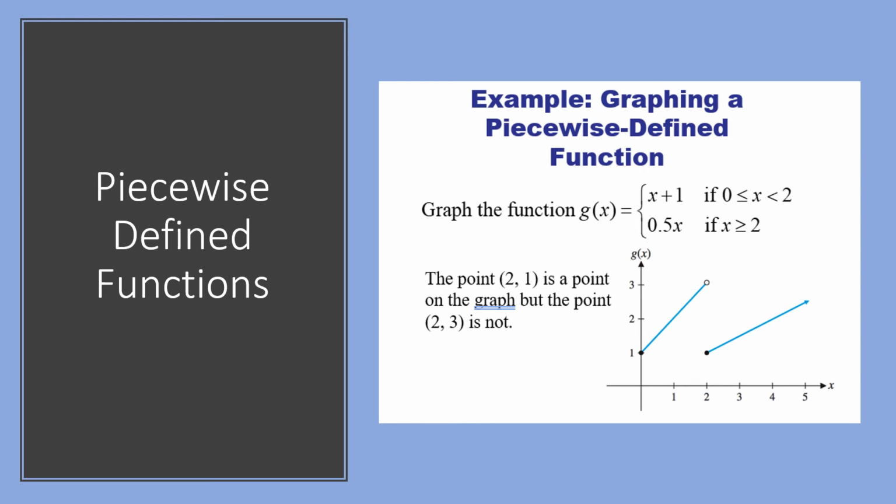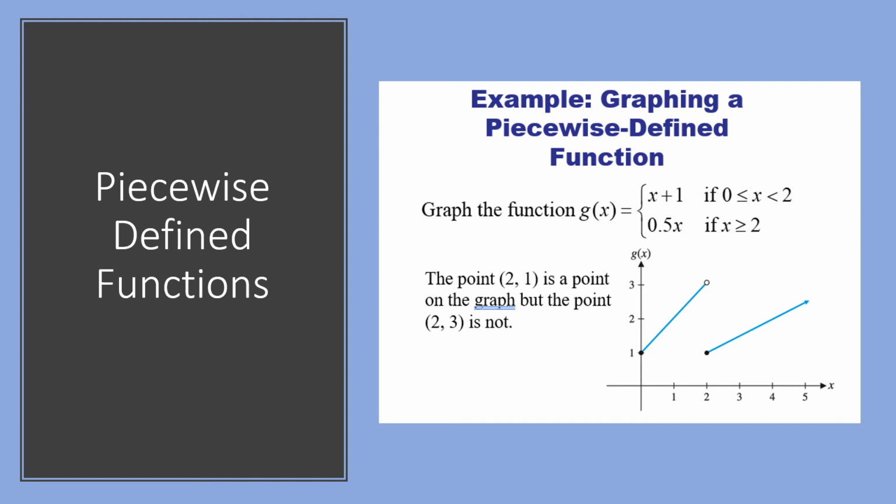We can also talk about the piecewise function, where there are two different stages. It is split. There are two pieces of this function. One is defined as x plus 1 in the interval 0 to 2, where 0 is included, 2 not included. The other is 0.5x when x is greater than or equal to 2. So when you are drawing the curve x plus 1, you draw it between 0 and 2.